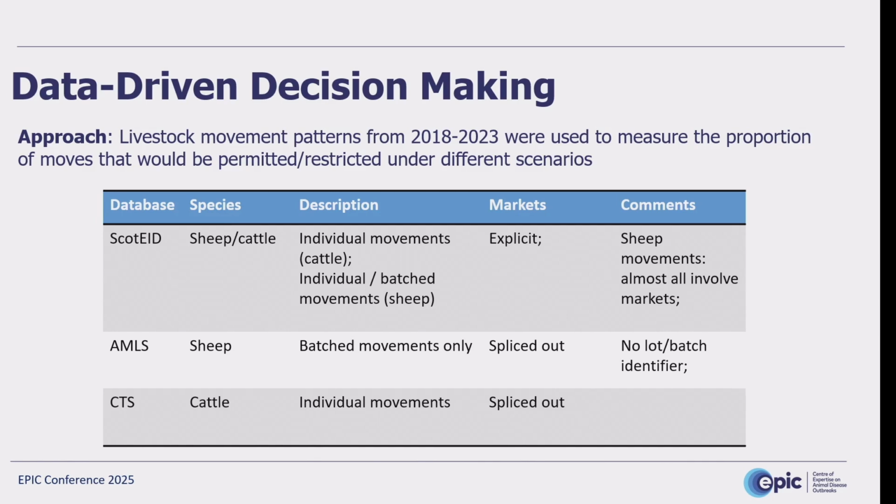I also wanted to mention that these databases come at different scales and different levels of detail. Some of them are individual movements, others have batched movements only. For some of the movements, markets are explicit in each record, while for other databases, they are split out into two movements. So just combining these data sets brings some challenges.